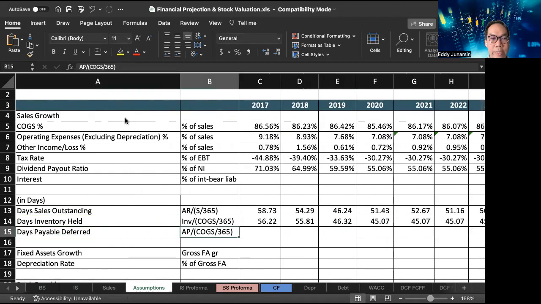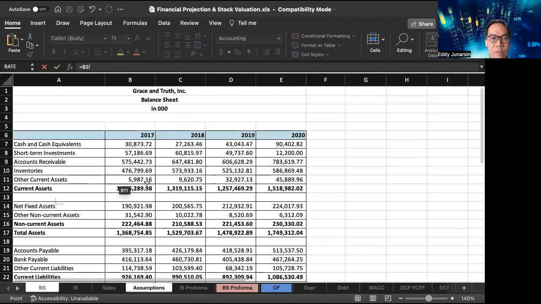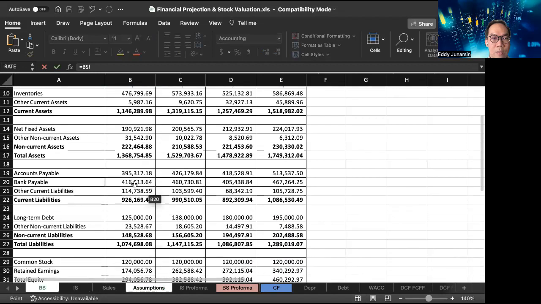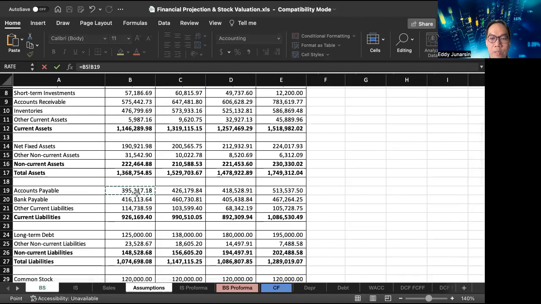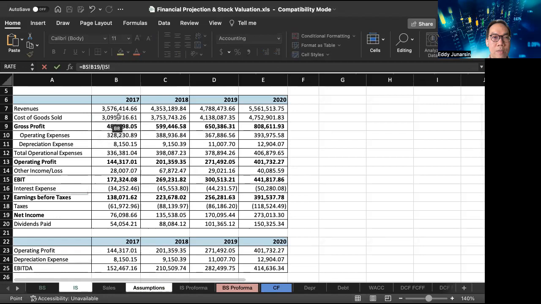Okay, the next one, days payable deferred. Days payable deferred is accounts payable divided by daily cost of goods sold. So accounts payable here, the current liabilities, accounts payable divided by daily cost of goods sold.